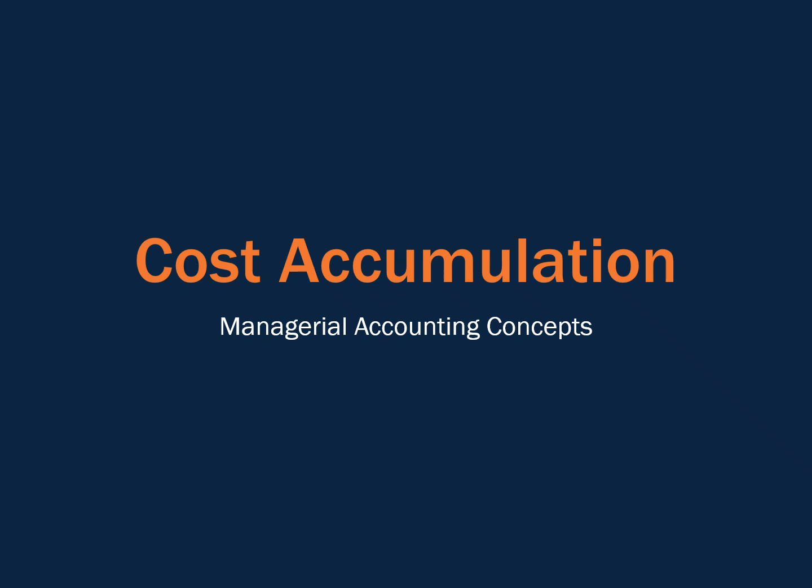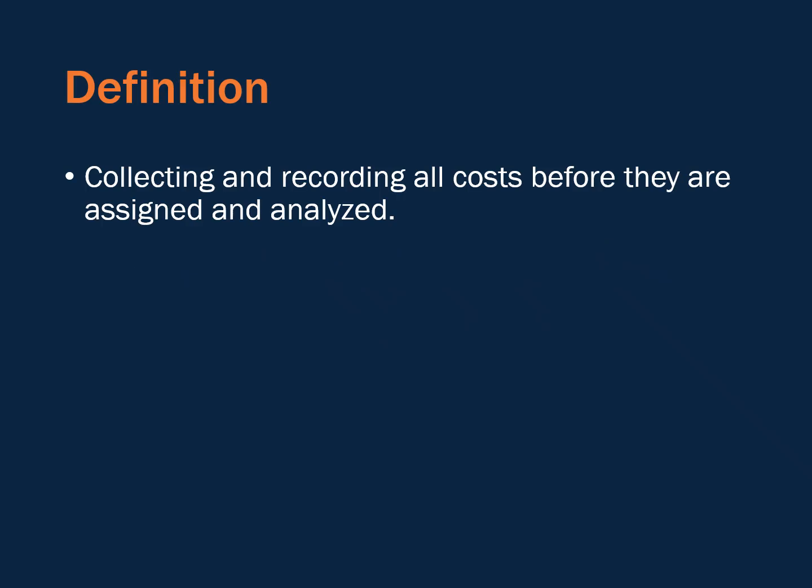So let's dig in. What is cost accumulation? Cost accumulation is a process of collecting and recording costs related to a product, a project, or service, and then trying to allocate or assign those costs and eventually analyzing those costs for decision making.